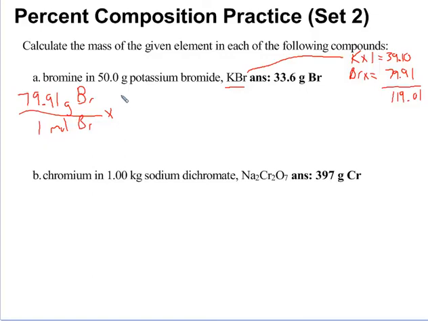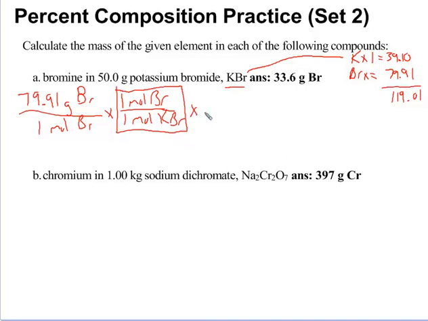The next thing we need to look at is the mole ratio very quickly, and that is 1 mole of Br compared to the 1 mole of the entire compound, which is KBr. And remember, if you put a box around that, you won't try to cancel things and get all confused. That's a mole ratio, so you don't need to cancel anything.